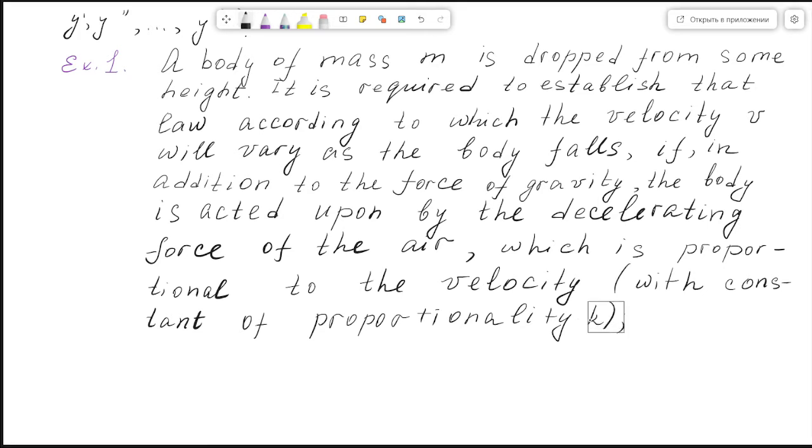In other words, it is required to find v is f of t. Solution.